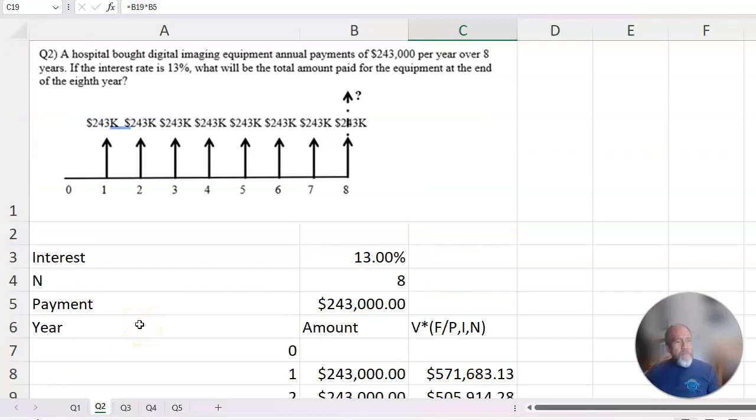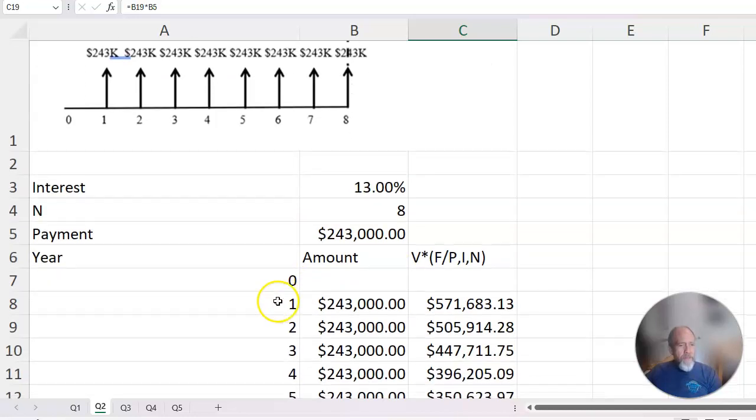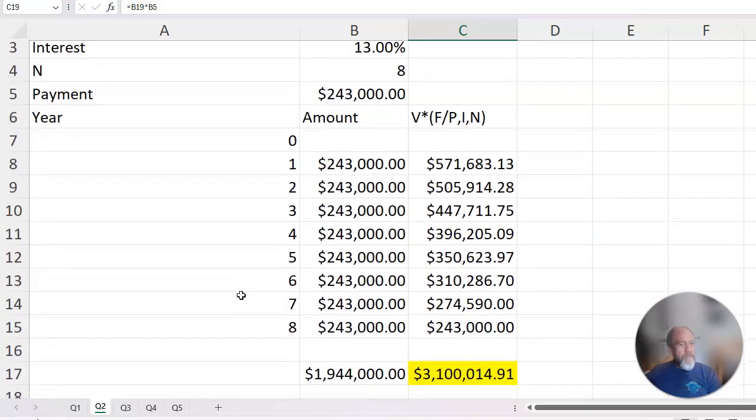And guess what? The next problem I'm going to show you is just doing the exact same thing, but converting to future value. All right, different interest rate, different number of payments, different payment. Now, I can do the exact same thing here. I can take each of those individual payments and calculate the future value of those payments.